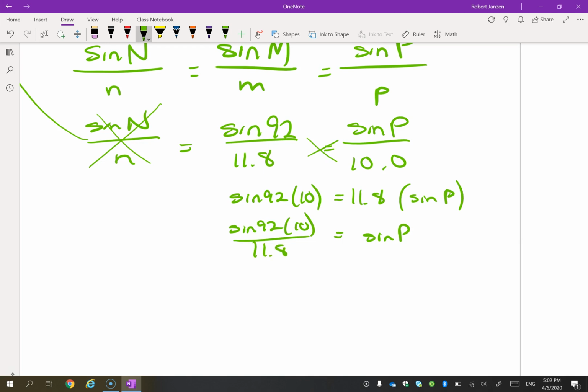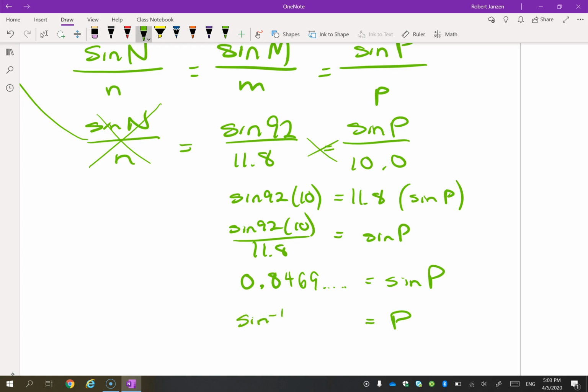Let's put that in the calculator. Sine 92 times 10 divided by 11.8. And we get 0.8469. Don't take it off your calculator. Leave the whole display. Now, if you remember, how do you find an angle?